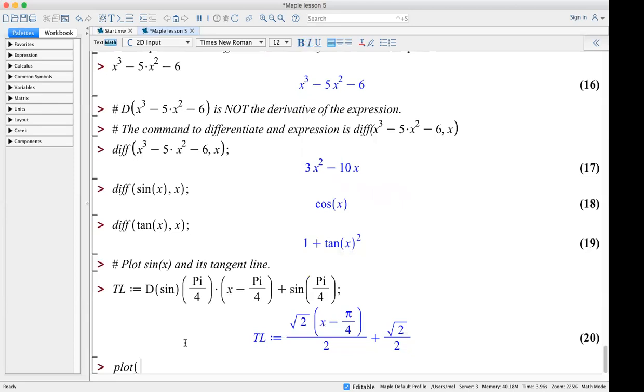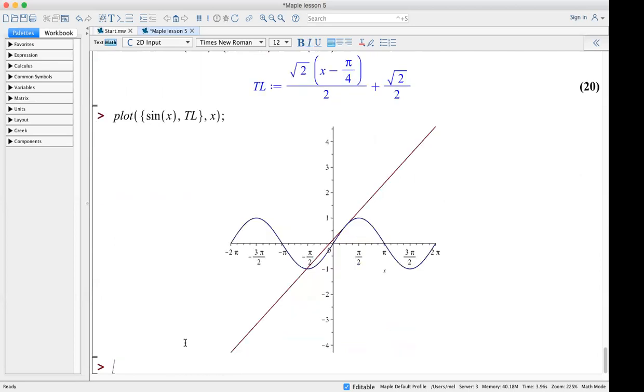So now if we plot together sine of x and this line, perfect. The blue is the sine function, and the red is this straight line, the tangent line. And right here at pi over 4, they're tangent.